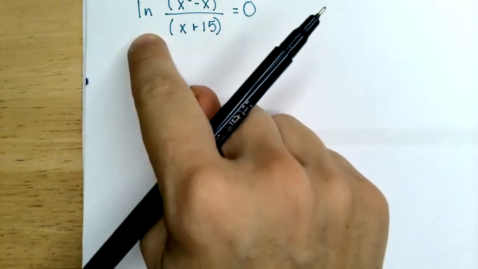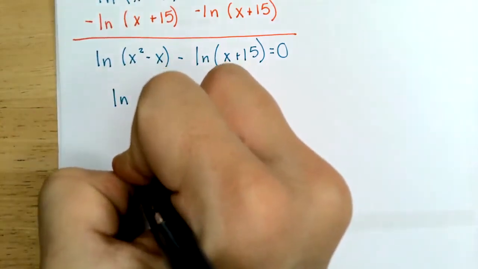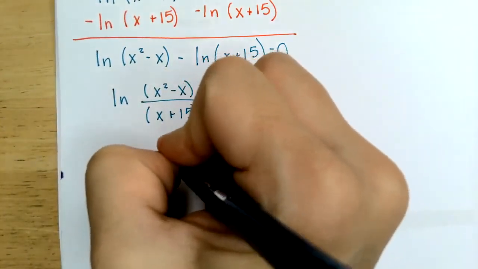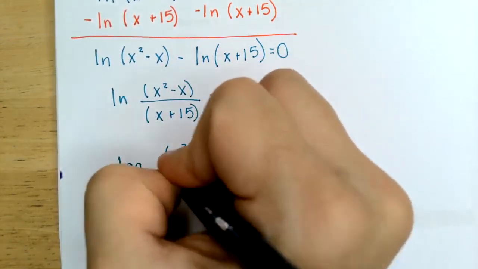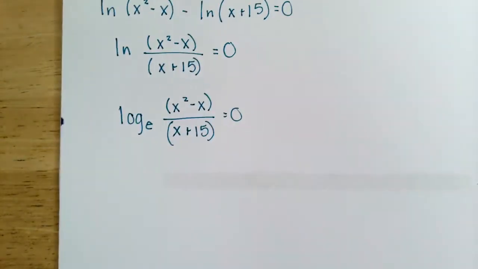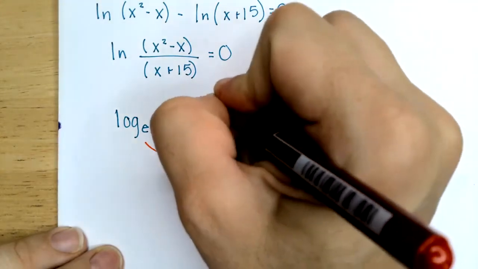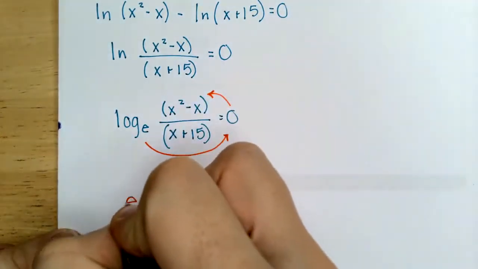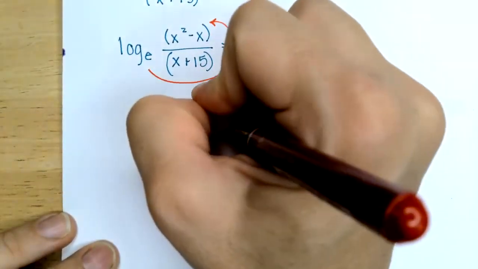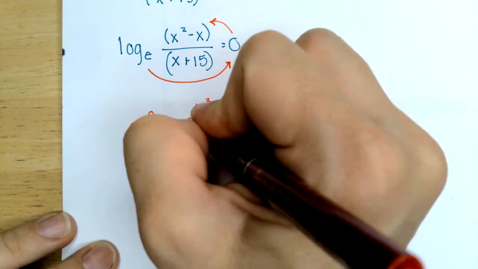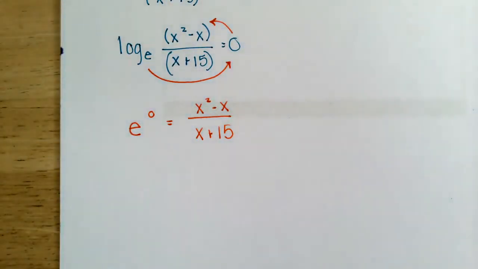Because ln, the natural log, is log base e, I'm going to rewrite it as log base e of x squared minus x over x plus 15 equals 0. And we're going to convert. So now I have e to the 0 power is equal to x squared minus x over x plus 15. Good? Okay.